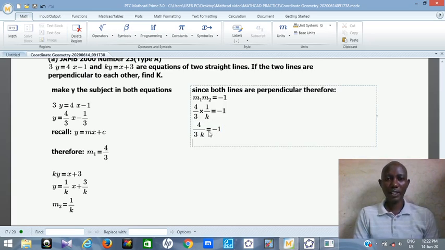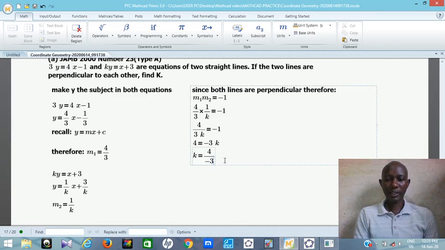When you cross multiply, you are going to have 4 equals 3k times minus 1, which is minus 3k. Then the next thing is to divide both sides by minus 3. Minus 3 will cancel out minus 3 here, leaving 1. So your answer for k will now be equal to 4 divided by minus 3.